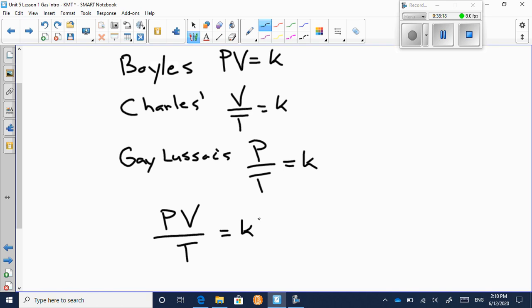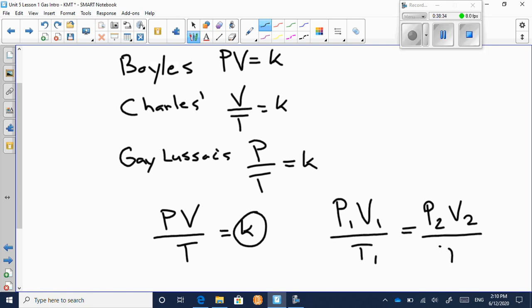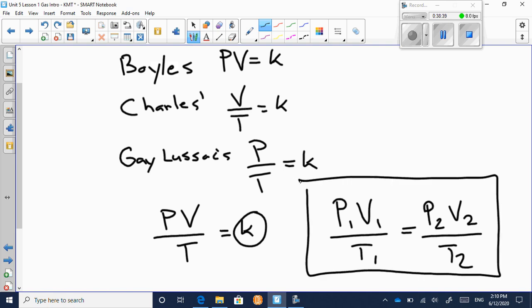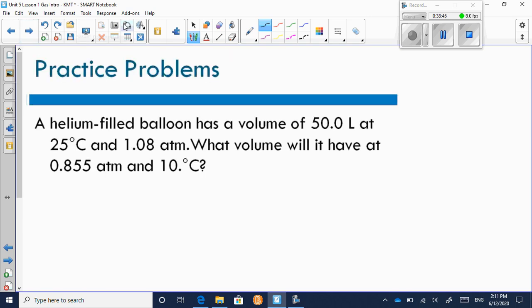Because it's going to be a constant value, we can then compare two scenarios for a given quantity of gas, which says P1 V1 over T1 is equal to P2 V2 over T2. And this combines the 3 gas laws into one law called the combined gas law. Okay, let's try an example of that one.